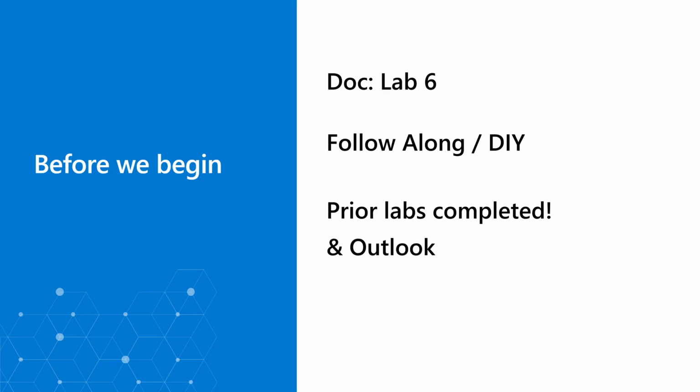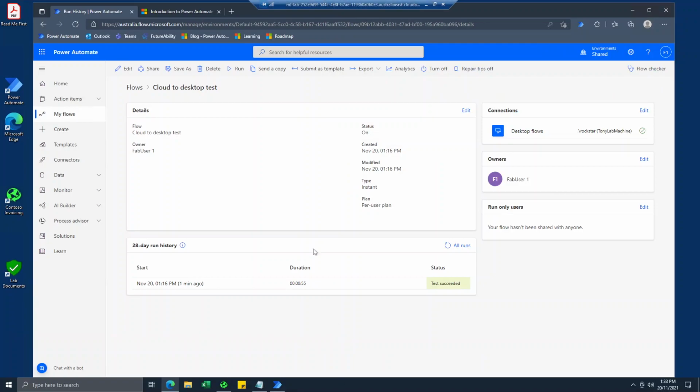You really do need to have the prior labs completed, and ideally you want to have that gateway working between cloud and desktop. So make sure that all the prior labs are completed, and also make sure that you've logged into Outlook. You should have set up a trial tenant.